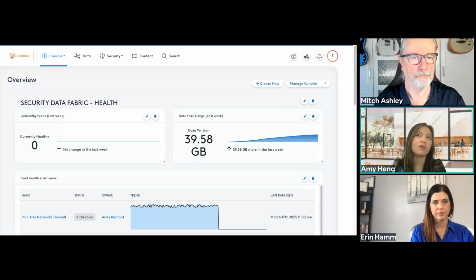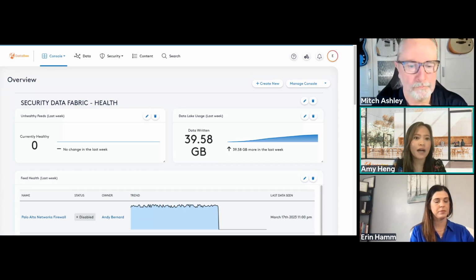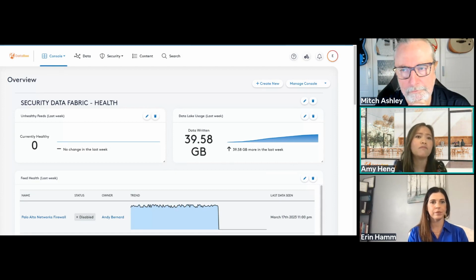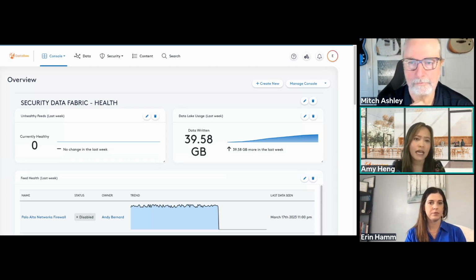So when we were thinking about it, right, we looked at ways that we could optimize how we looked at the data. How do we optimize the cost of our data as well? And we came up with this concept of taking a data fabric and leveraging it for security, because security has so much semantics. And as I was saying, you can be years deep into a technology and tool and industry and still struggle.